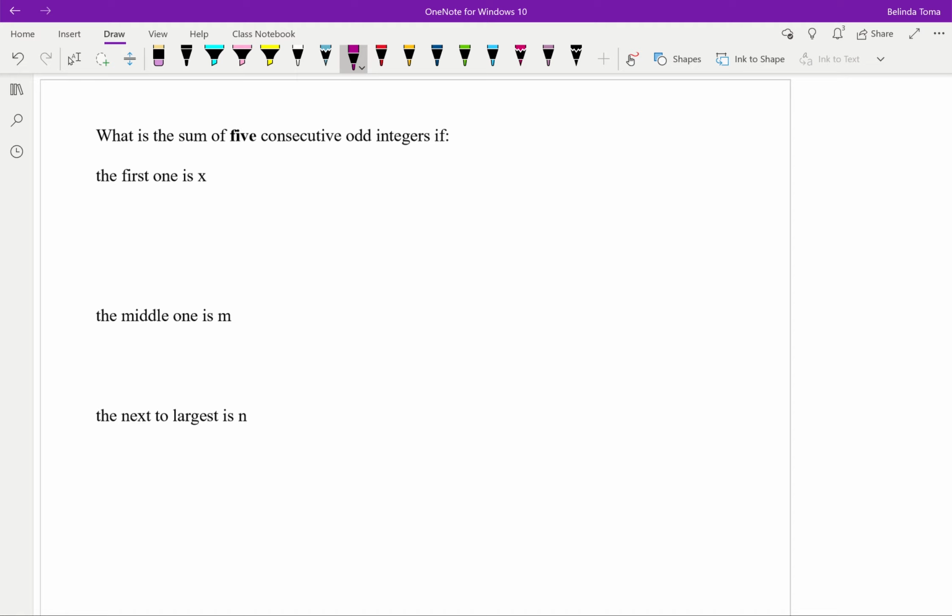In other words, they're telling us that x is the first one. And then let me just go up here and do first, second, third, fourth, and fifth. So we can see that we would have x, because they've defined it that way. x plus 2 would be our second. x plus 4 is our third.